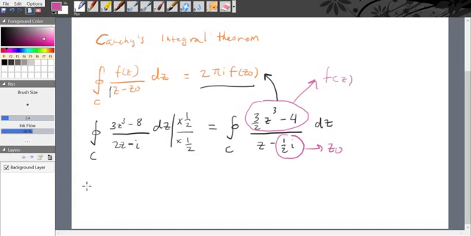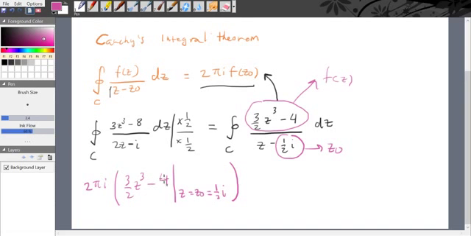Writing things again, this equals 2 pi i times f(z), where f(z) is 3 over 2 z to the power of 3 minus 4, with z equal to z naught, which is a half of i. So we're going to input this half of i into the z over here.